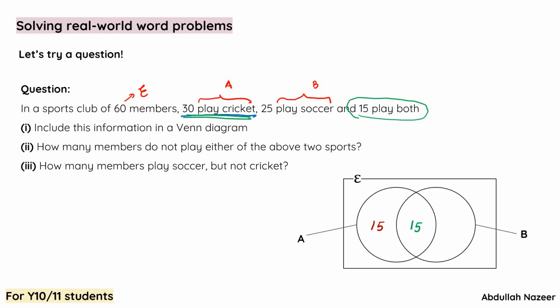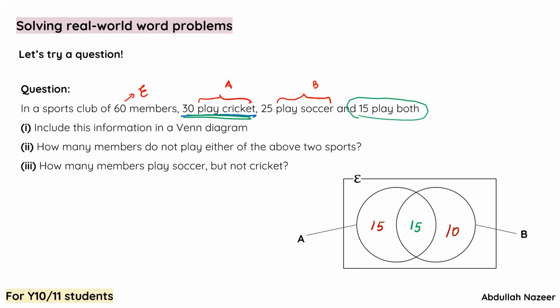So we'll do the same thing with set B. If 15 people are playing both soccer and cricket, then the remaining 10 have to play only soccer. So now the total number of people inside set B is 25.